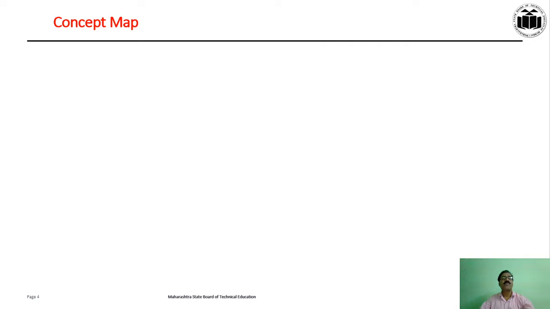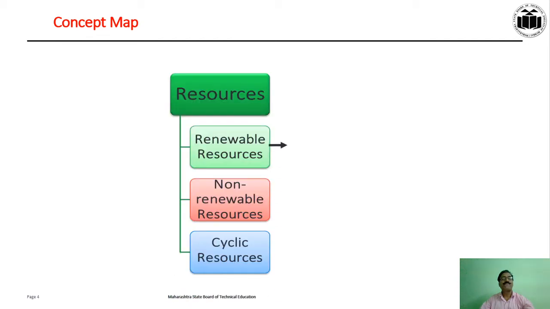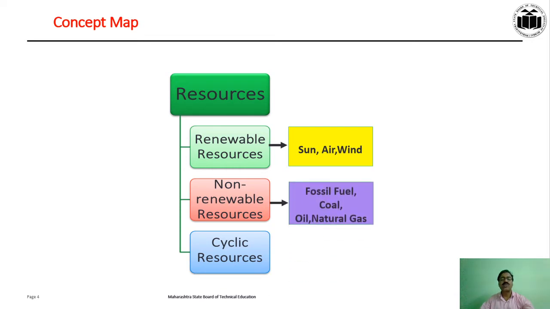In this course outcome, we will learn the concept map, that is resources, the renewable resources, non-renewable resources, cyclic resources. The examples of the renewable resources are sun, air, wind. The examples of non-renewable resources are fossil fuel, coal, oil and natural gas. And an example of the cyclic resources is water.